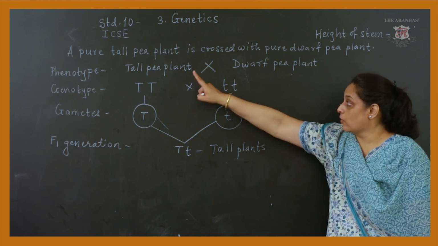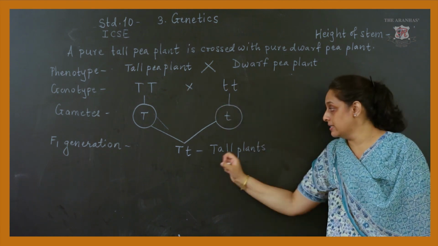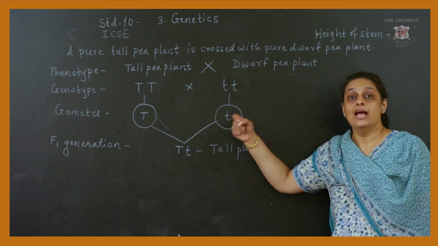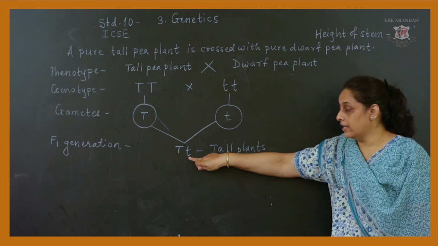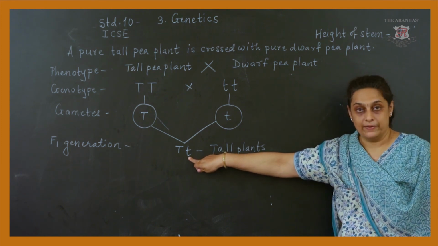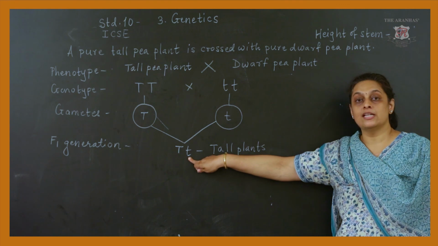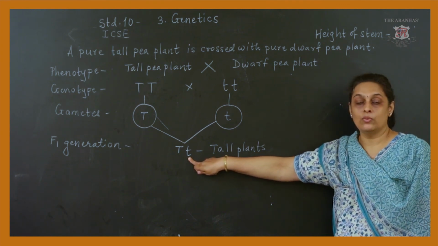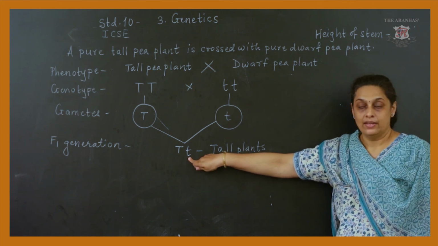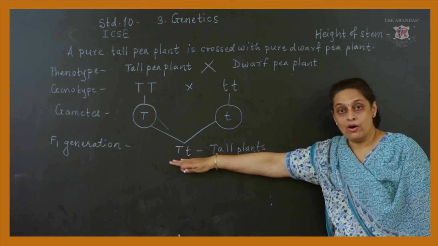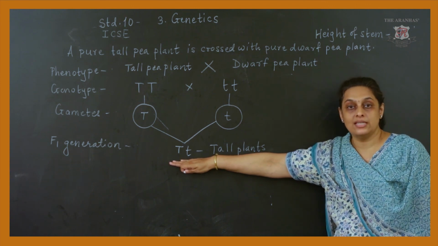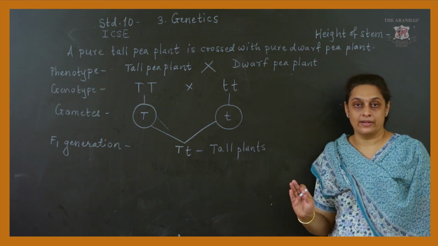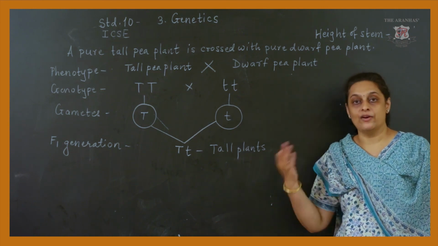That is, by crossing tall and dwarf plants, in the F1 generation, all tall plants were obtained, as if character dwarf disappeared. And this was a very surprising result. And Mendel wanted to find out why this happened, why expression of dwarfness was not seen. And so he continued his experiment further, but we will talk about it afterwards.